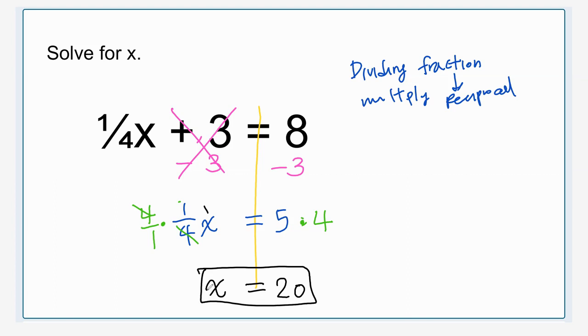So I found out that 1/4 of 20 is 5. 5 plus 3 is equal to 8. I confirm my answer.